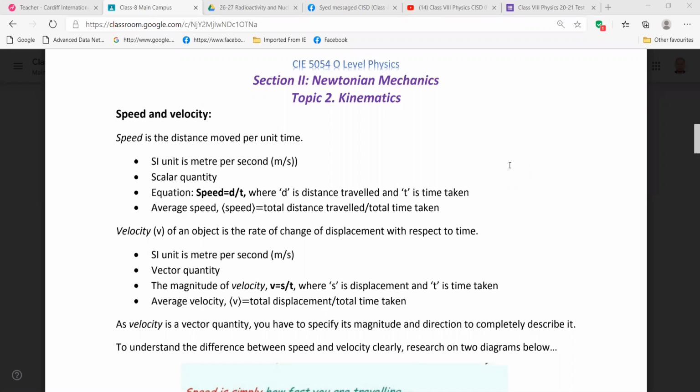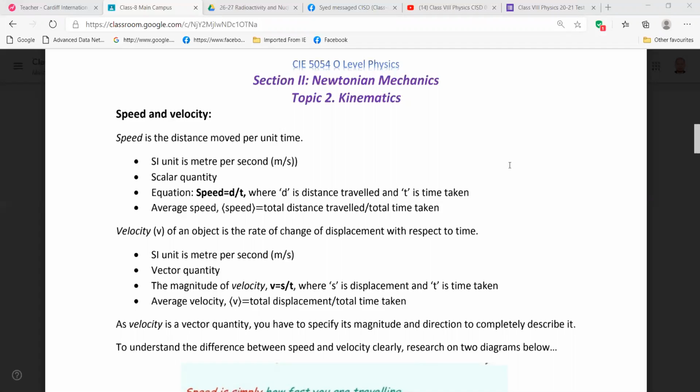To understand the difference between speed and velocity, we already have the idea that speed has only magnitude and velocity has both magnitude and direction. And why speed does not have any direction and velocity has direction, you already understood when we discussed distance and displacement, right?